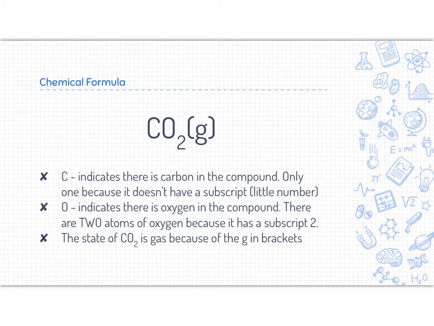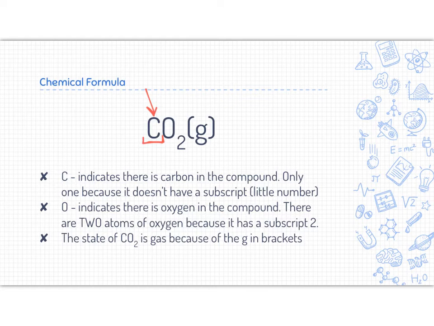Chemical formulas. So for example, here I have the chemical formula of carbon dioxide, or CO2. Breaking down the formula here, C, we know because it's the first element and the next element isn't a little element, I look up just C on my periodic table and I find that it is carbon.